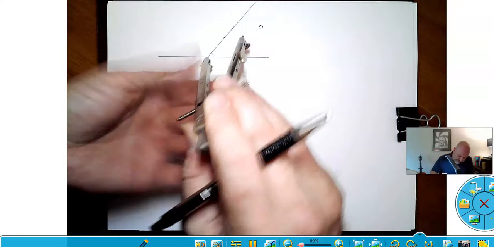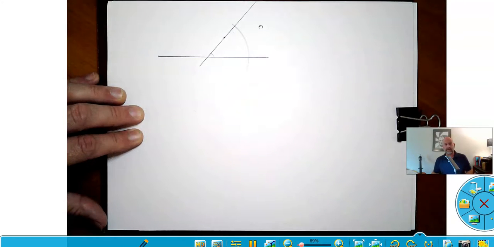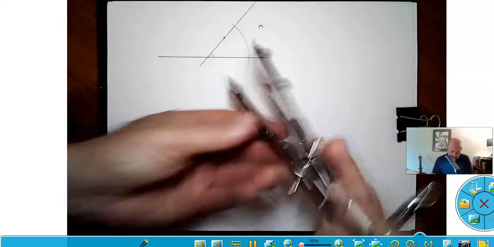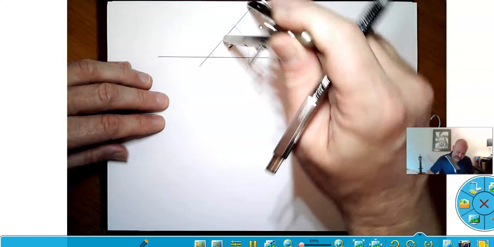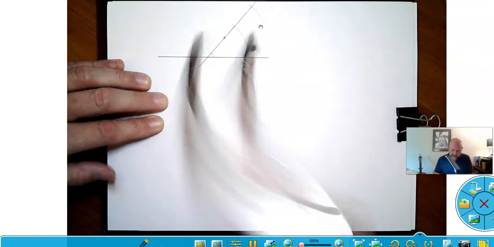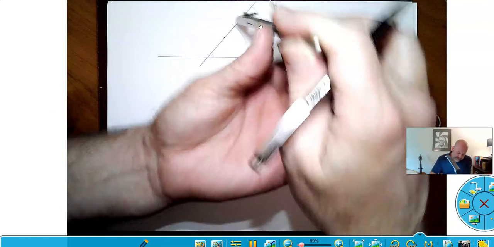Okay, so I'm going to start out by making my first arc. And then I'm going to come up to the point I want to make this at. I'm going to make the same arc again. And then I'm going to measure this arc in a direct linear measurement. Let's see if I can do this so that you can see it.